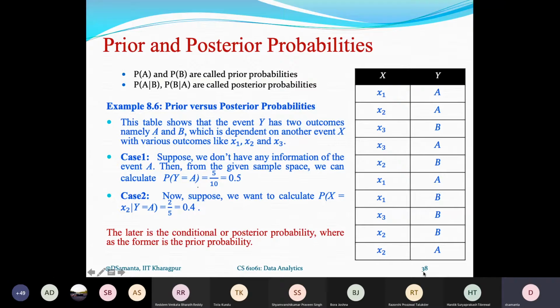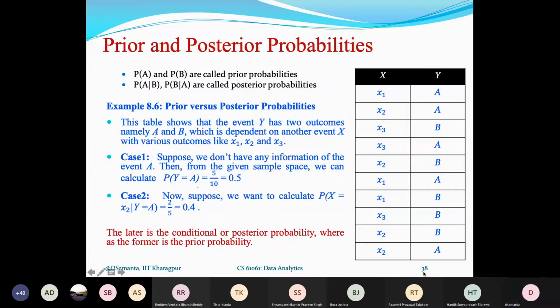Here we will see exactly how an event can be mapped to a test data. So in this regard, two probability calculations, namely prior probability and posterior probability, are very common.